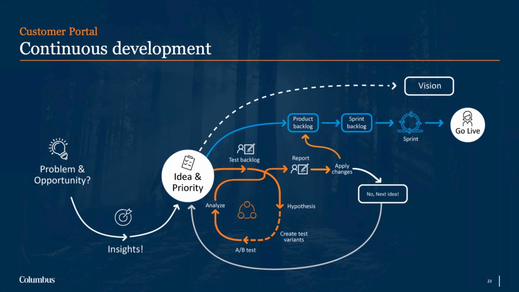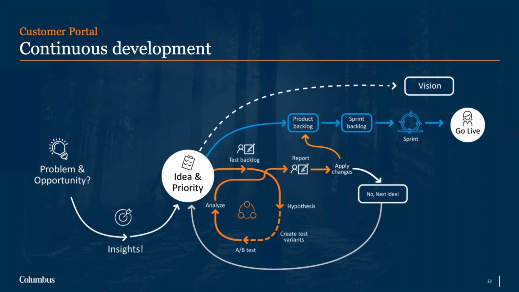But to really have customer-driven development and work towards your objectives and goals, you should also have a team that is focused on your transformation and working towards your KPIs. We usually call that a growth team, working with insights. They create ideas and they prioritize.